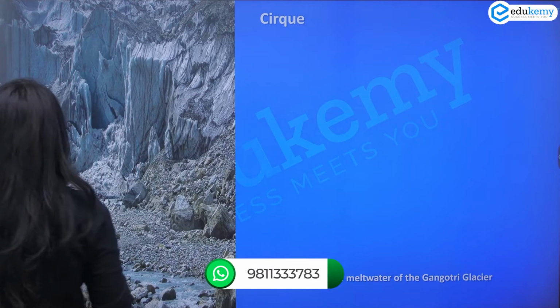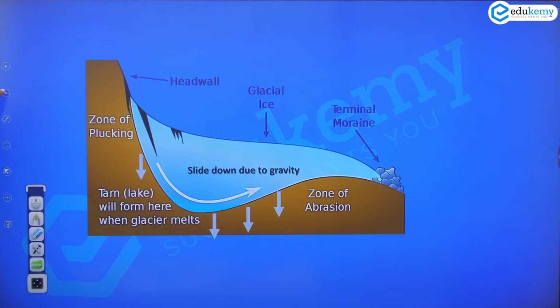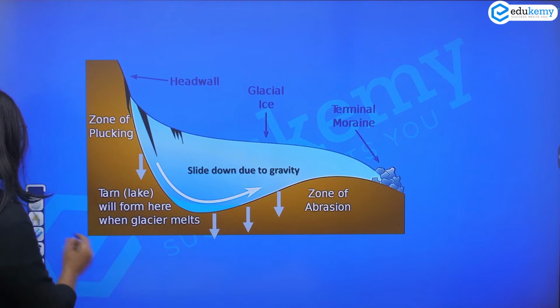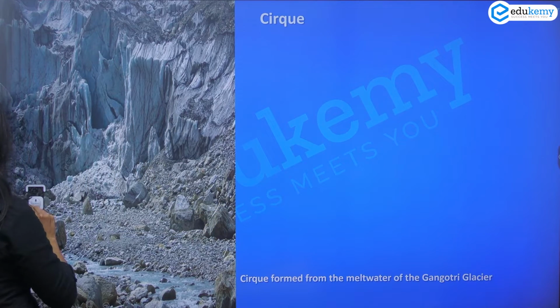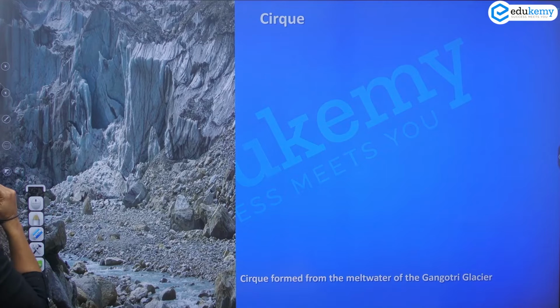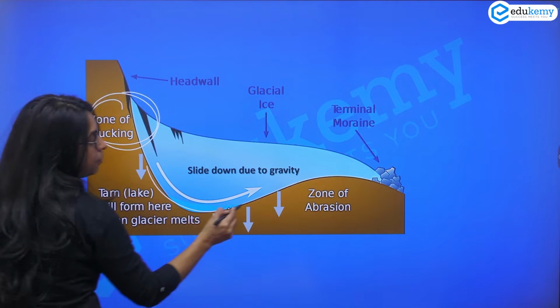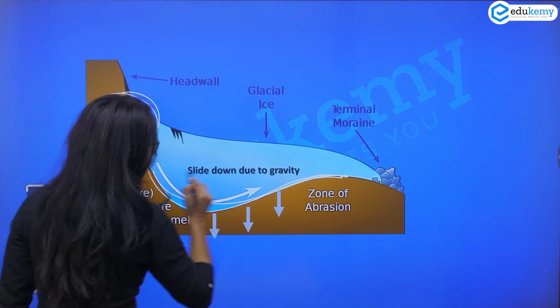Now let's understand. We've already understood this diagram, where there is zone of plucking at the head wall and there is abrasion at the base.